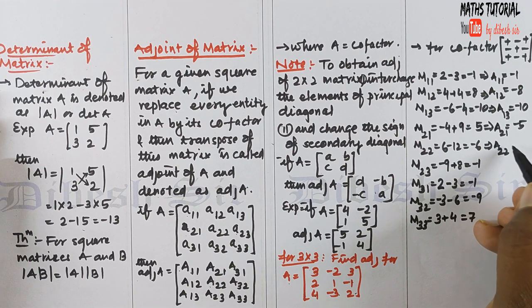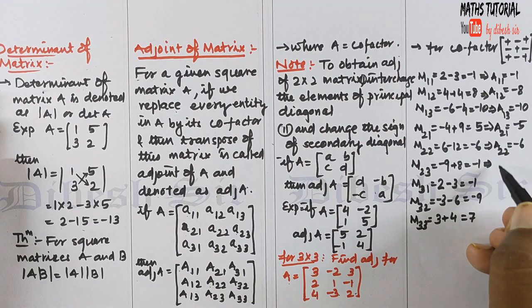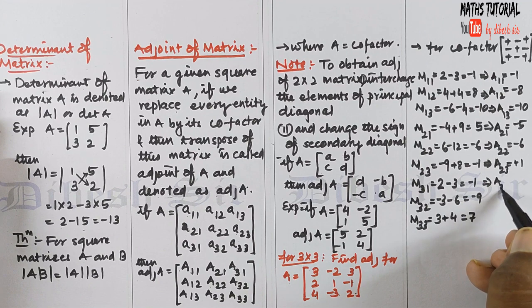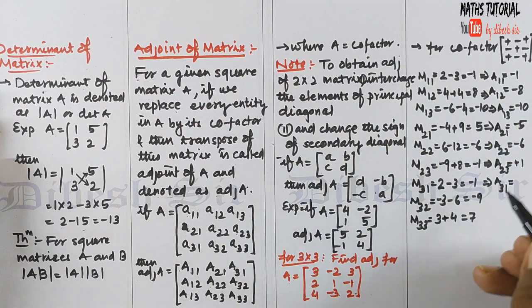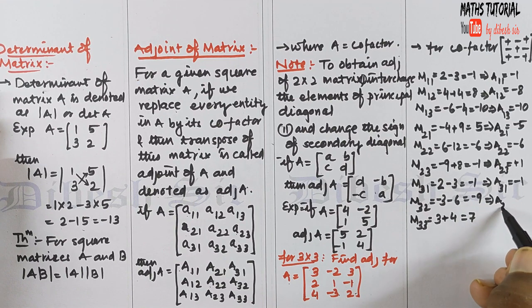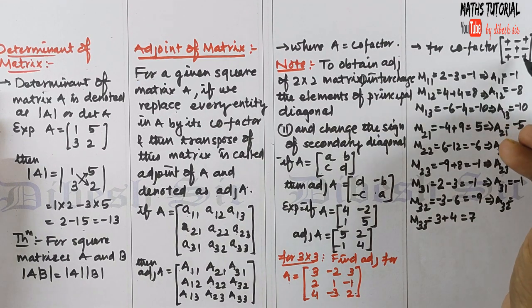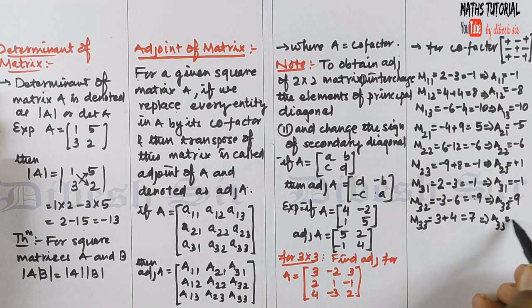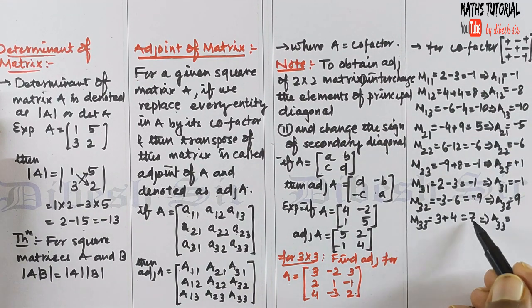A22. Plus into minus 6, minus 6. A23. Minus into minus into plus 1, that is 1. Next A31. Plus into minus 1, minus 1. A32. 32 means minus into minus into plus 9, that is 9. A33. Plus into plus 7, that is 7.